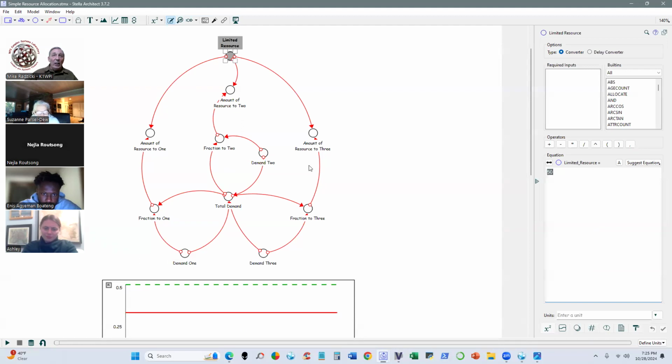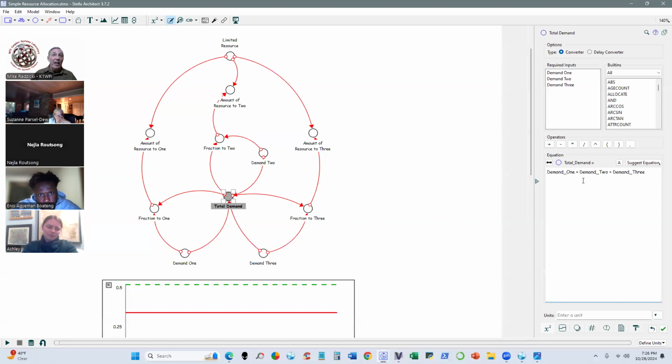Okay. So let's see. Demand number 1 is 10. Demand number 2 is 20. Demand number 3 is 30. So that's 60. So there's more demand than there is supply, right? So how is it allocated? Okay, well, the simplest way to do it is to sum up the 3 demands, 1, 2, and 3.